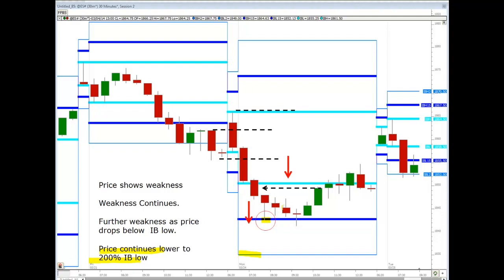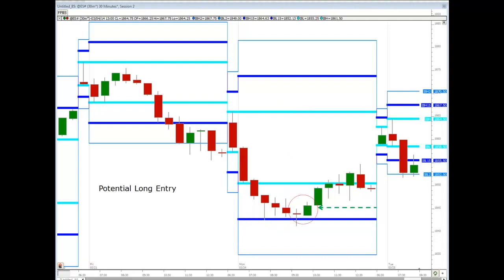Because as you see, even though we did get a number of down candles here, at this point things did begin to change, and if you would have decided to stay in the trade at this point here, once this candle takes out the high of this candle, that would have been your exit. So you might as well have taken your profits back here a tick or two before we reached our 200% IB low.